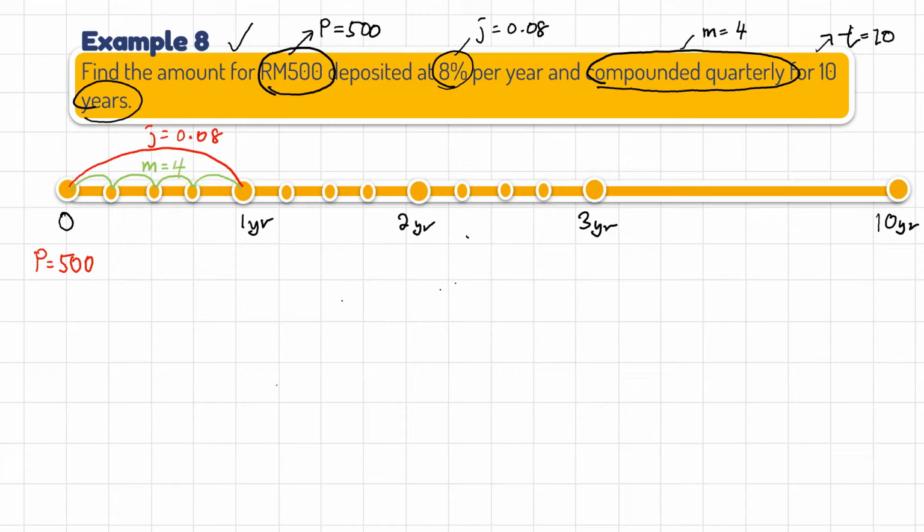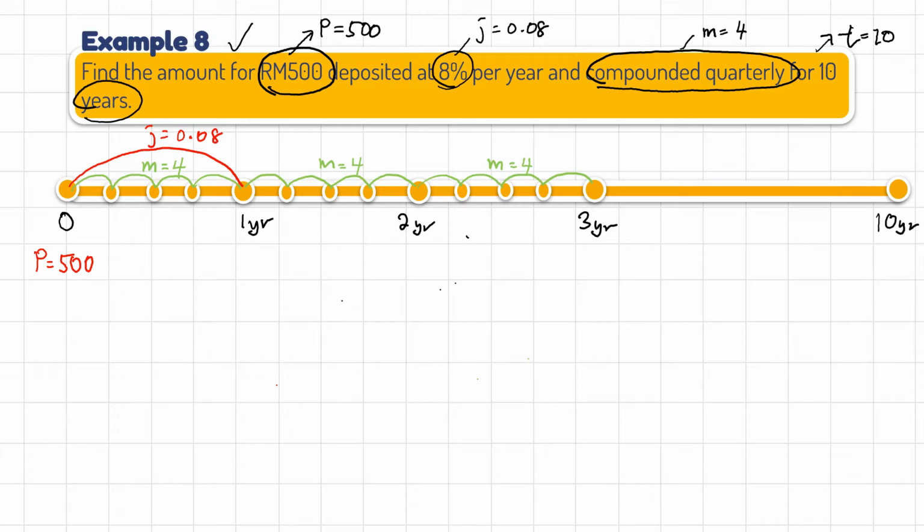It will be the same for the next year, where the interest will be compounded 4 times, m equals 4. And it will be the same for the third year, m is also equal to 4. The process will continue until the last year, which is 10 years.